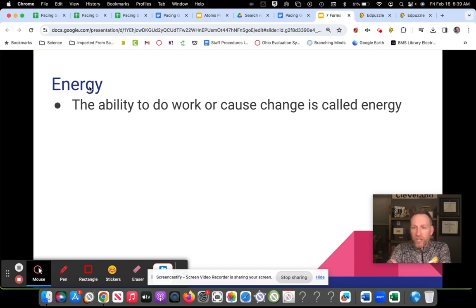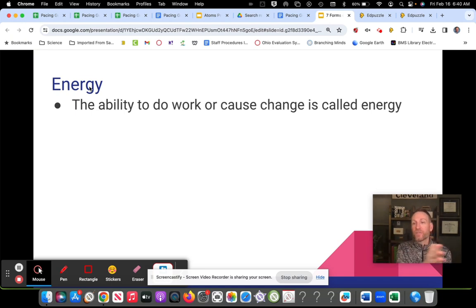I think cause change is pretty self-explanatory. To do work: in science, work actually has a very specific definition. When work is being done, that means literally there is a change either in the object itself, meaning it changes forms, like wood burns and changes into smoke and ash, or something has moved.